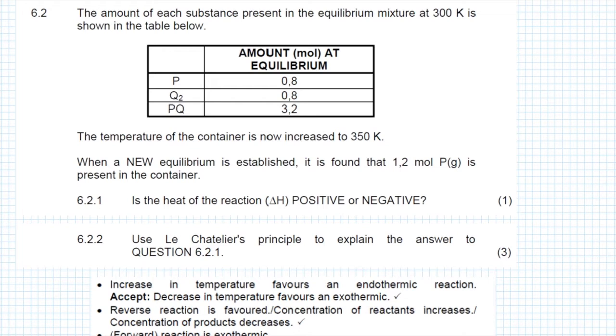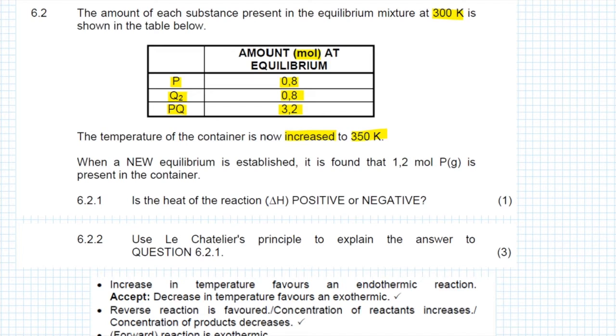Question 6.2 says, the amount of each substance present in the equilibrium mixture at 300 Kelvin is shown below. We have 0.8 moles of P at equilibrium, 0.8 moles of Q2 at equilibrium, and 3.2 moles of PQ at equilibrium. The temperature of the container is now increased to 350 Kelvin.